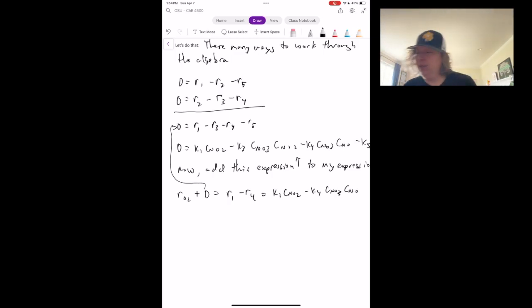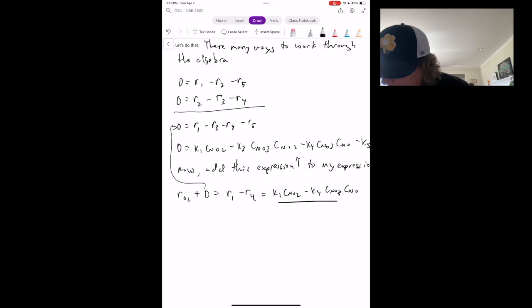Okay, so now I can basically solve this for either CO or CNO3. Actually, I'm going to leave this the same. So this is now my expression, an alternative expression for RO2.